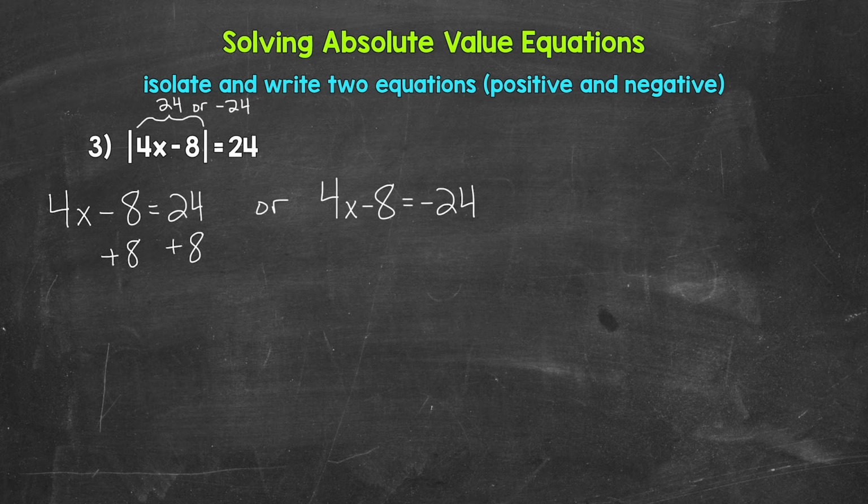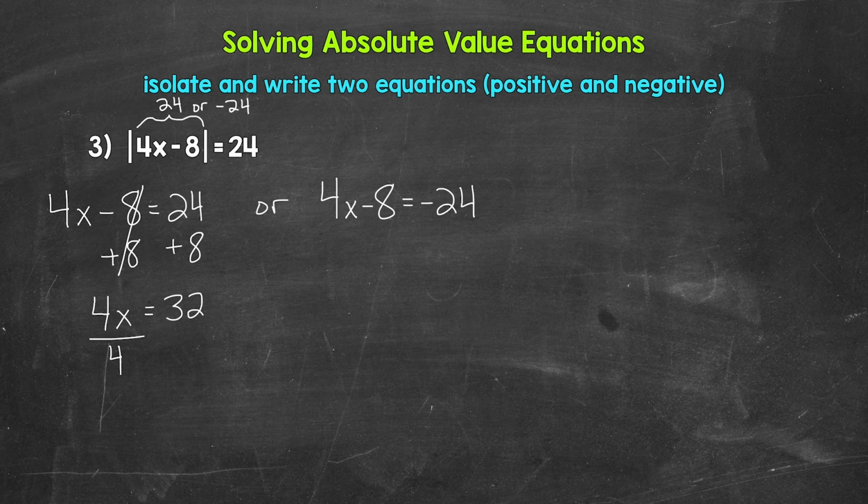Now on the left side of the equation, these 8s cancel each other out. So we have 4x equals, and then on the right side, 24 plus 8 gives us 32. Now we have 4x equals 32. So 4 times x equals 32. The inverse operation of multiplication is division.